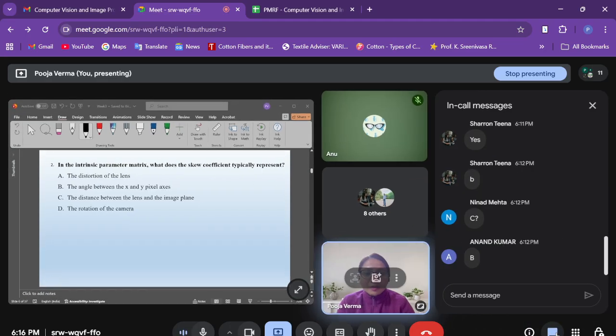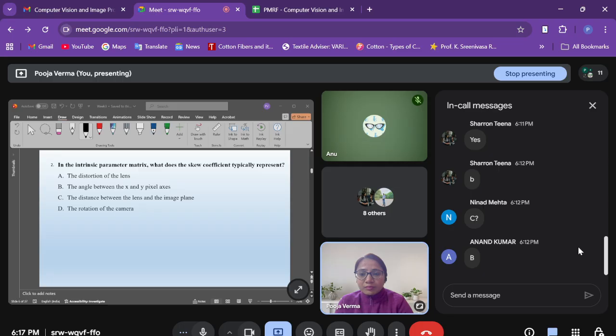Would you like to try this question as well? Which option can be the correct one? In the intrinsic parameter matrix, what does the skew coefficient typically represent? The distortion of the lens, the angle between the x and y pixel axes, the distance between the lens and the image plane, or the rotation of the camera.